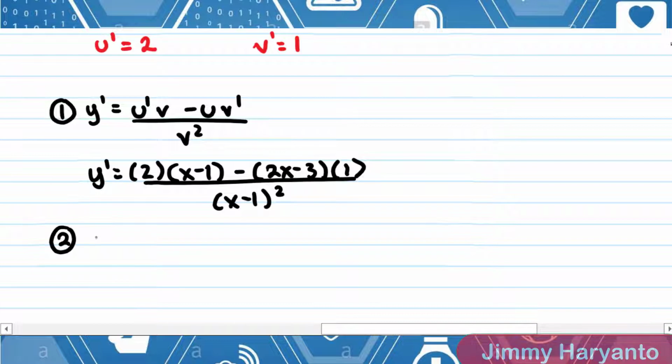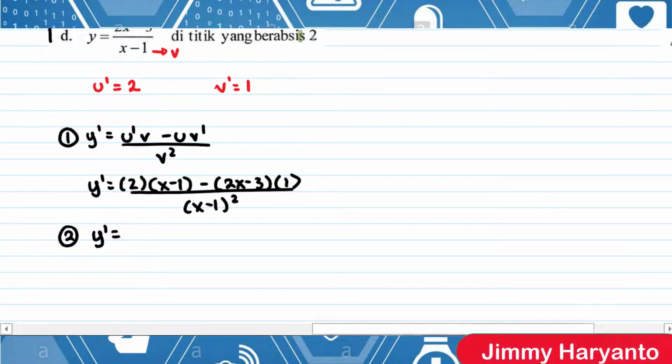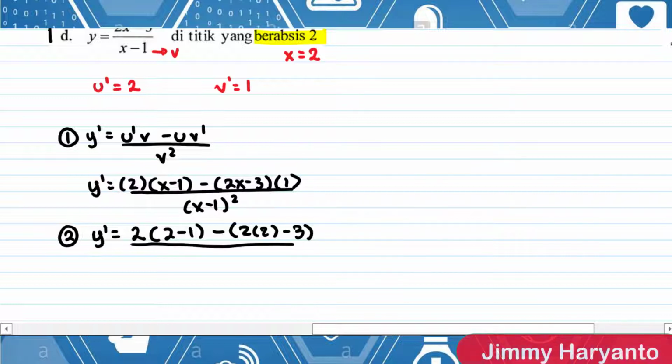For the second step, we have to substitute the value of x. The question already told you that the abscissa is 2. That means x equals 2, yeah. So you have to substitute x = 2 into the first differentiation: 2 times (2 - 1) minus (2 times 2 - 3) times 1, over (2 - 1)².